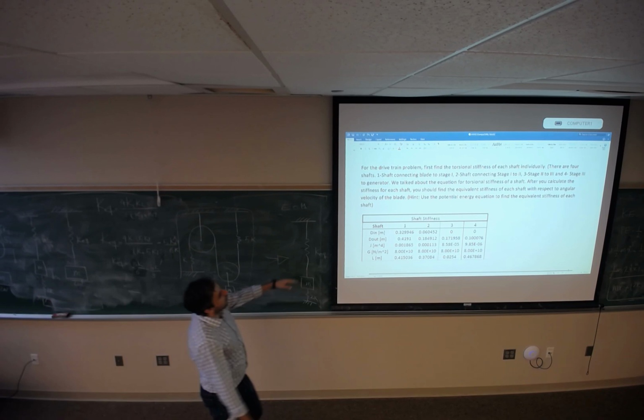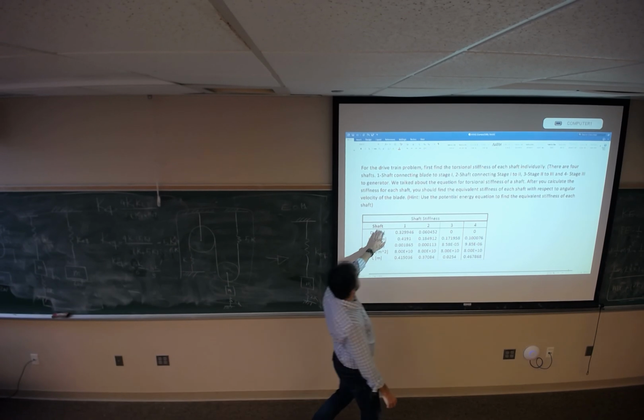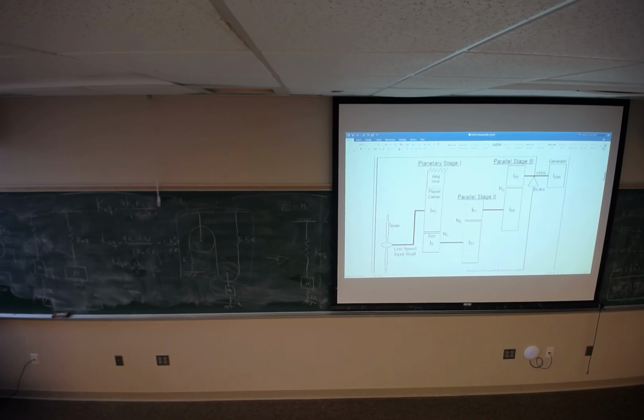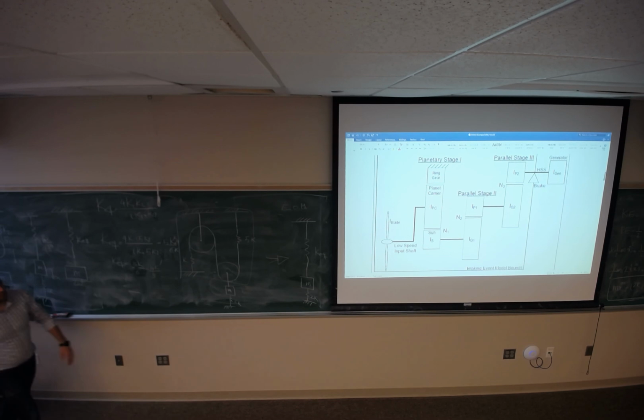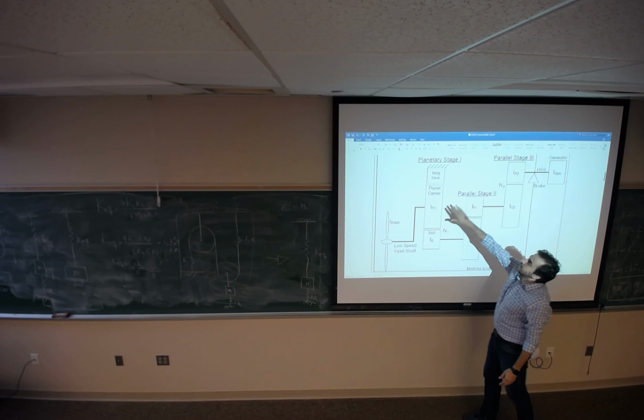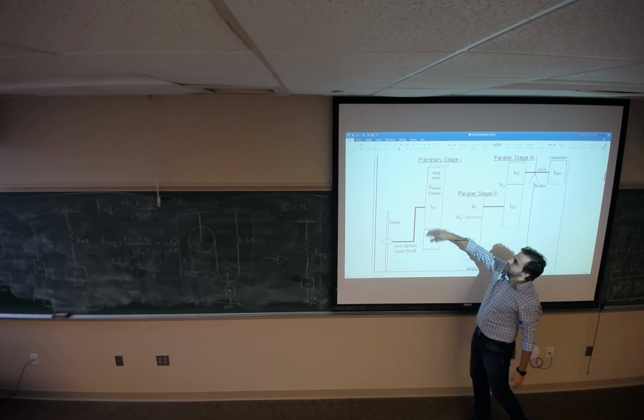Now we are going to look at the stiffness. So this is the blade. This is the planetary stage. It has 3 gears.